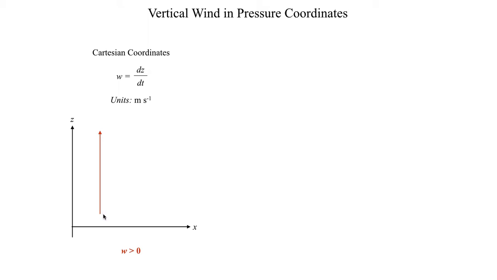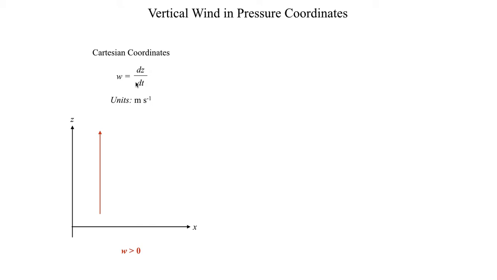As time progresses, the thing in question, whether that's an air parcel or whatever it might be, moves so that the z coordinate increases. That's where this definition comes from: we go towards higher values of z as time goes on.